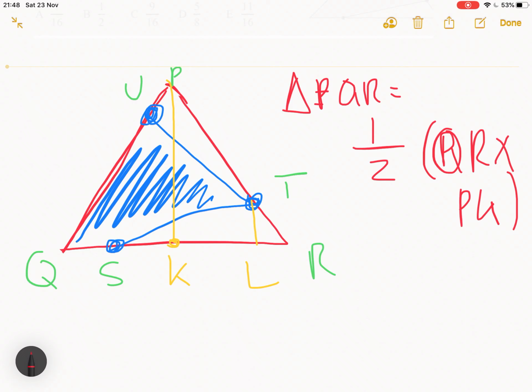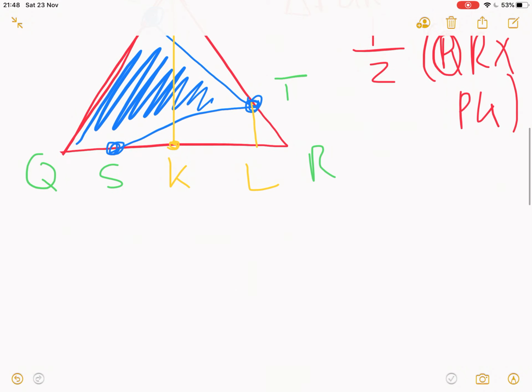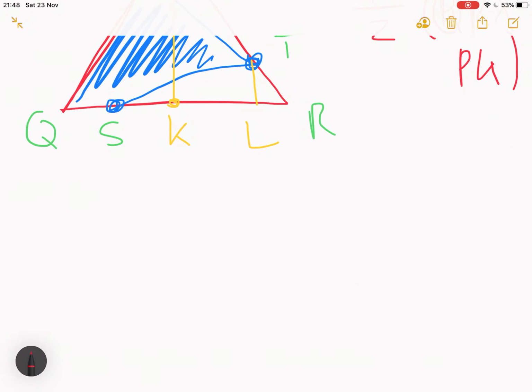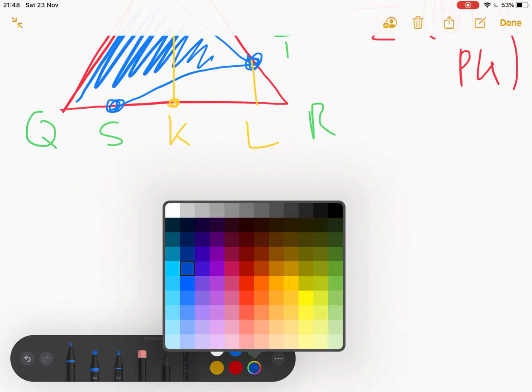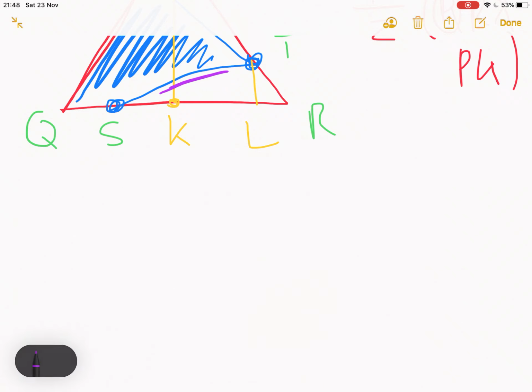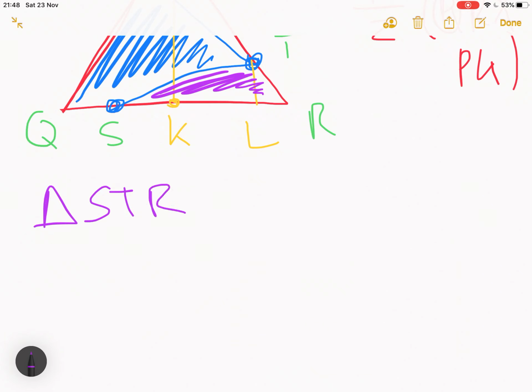So to find the area of our white triangle, we'll just colour this purple. So we have our triangle STR, which we want to find out. So we'll have to do half times its base times its height. So find its base first of all.